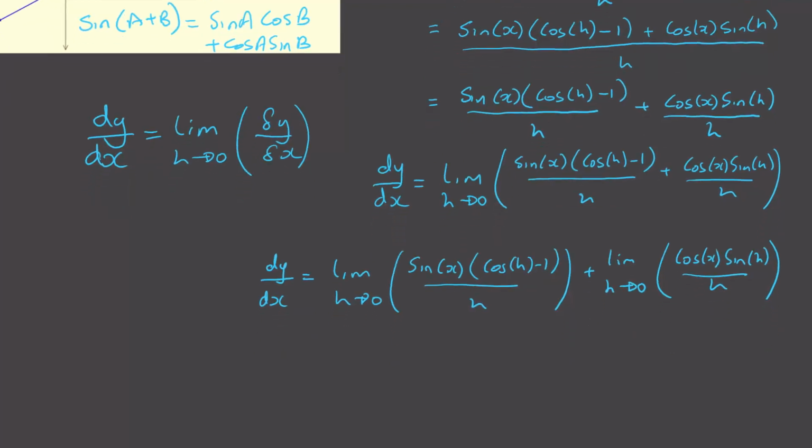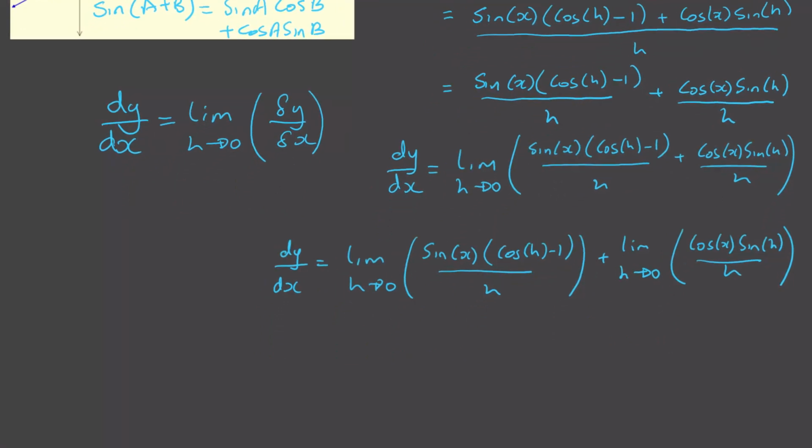So we can split the limits like that. Now, think back to what we've established. The sine x is independent of this, but this bit's going to go to 0. The cos x is independent of this, and this is going to go to 1. Okay, that's just foreshadowing what's coming.